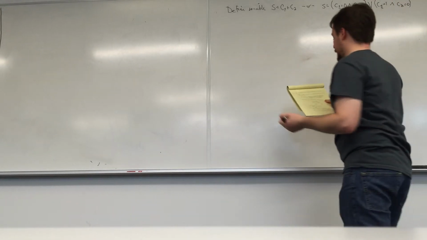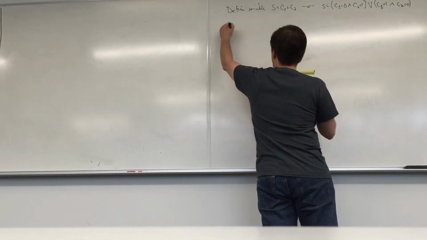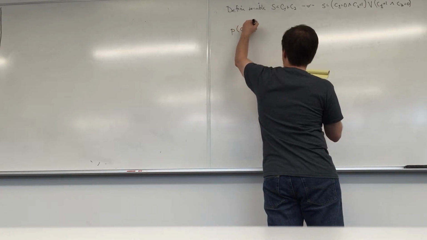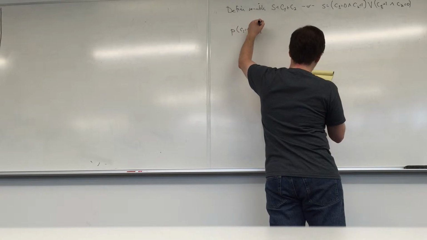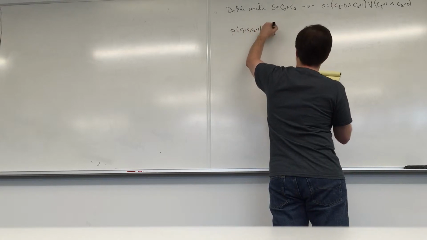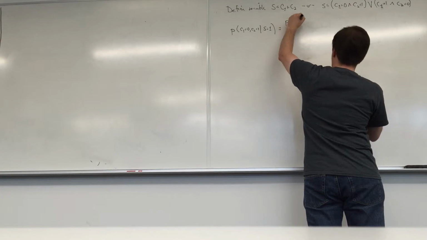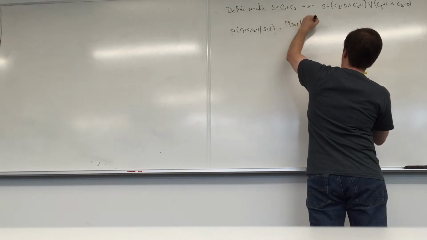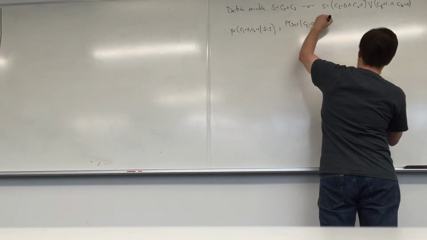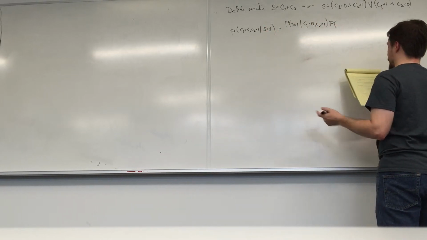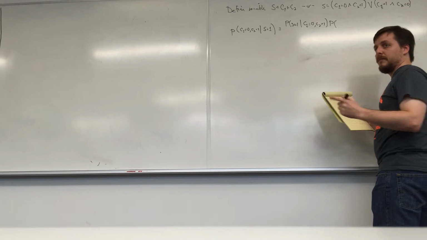And then what we basically want is P of C1 equals 0, C2 equals 1, conditioned on S equals 1. Now I'll do Bayes rule: P of S equals 1, conditioned on C1 equals 0, C2 equals 1. I have this conditional, the dependence is only one way, right?